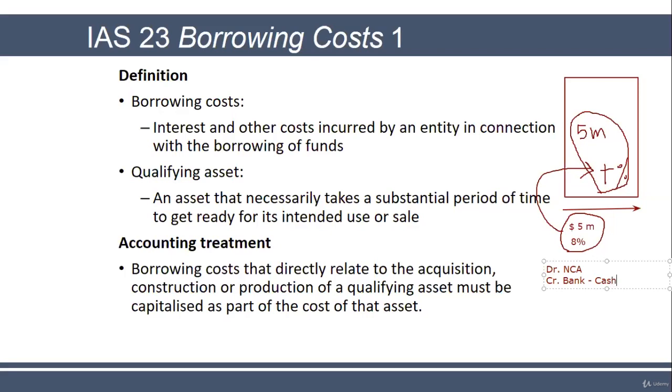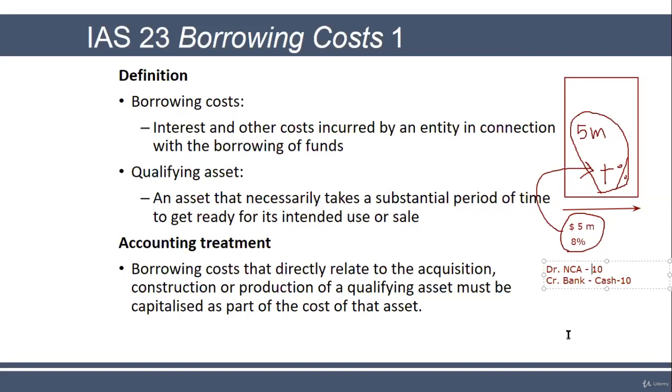So this is the concept. Usually when you pay interest, you say debit interest expense, $10, and it goes to the income statement as interest expense. Here you will not call it interest expense; you will call it debit non-current asset. So when you say debit non-current asset, whatever $10 you have paid is added to the cost of the asset.